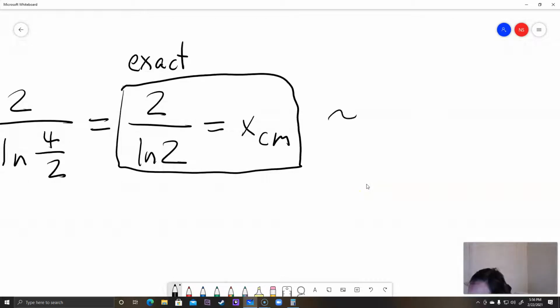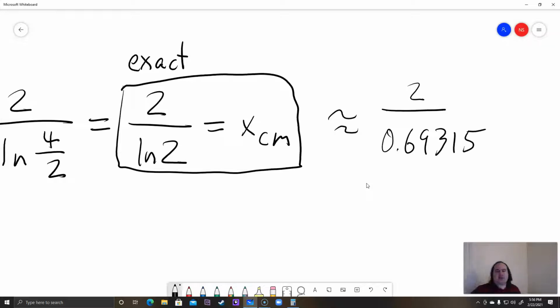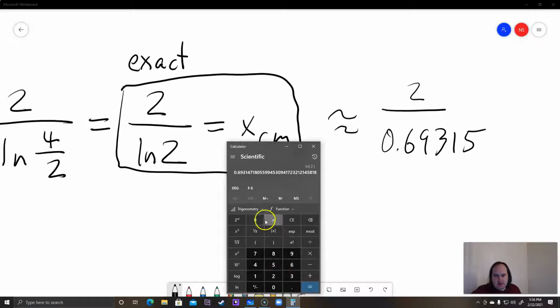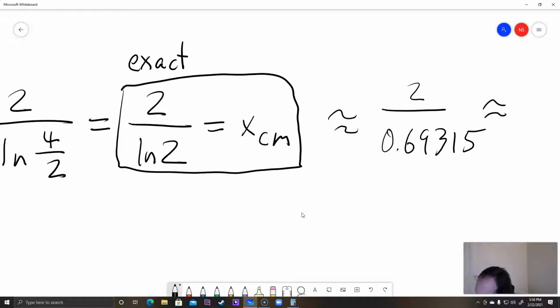Okay, so this is 2 divided by 0.69315, approximately. And then you can just go ahead and do that on your calculator. So 2 divided by 0.69315 gives us 2.89. Okay, so our x center of mass is approximately 2.89.